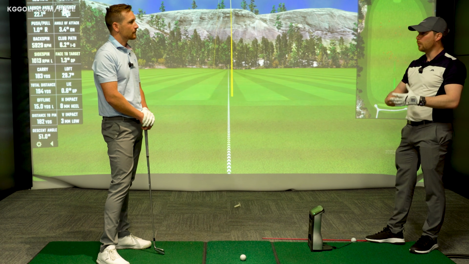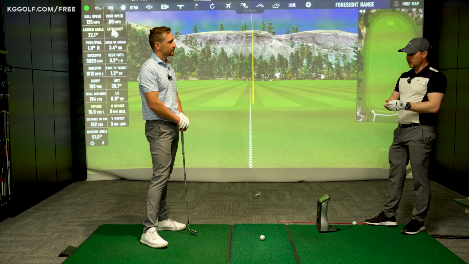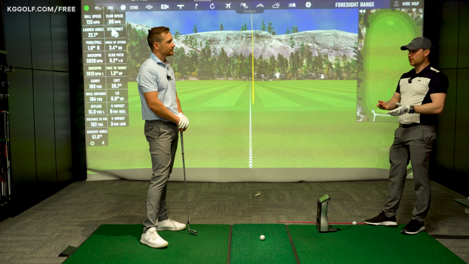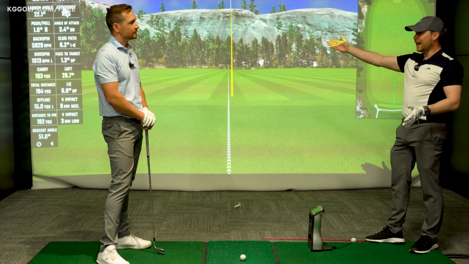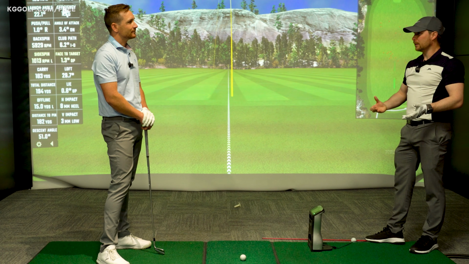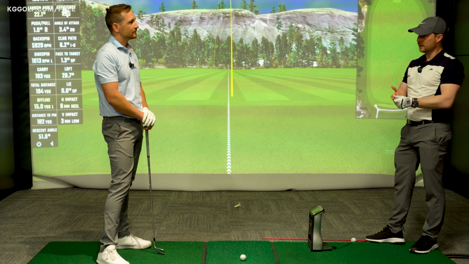We'll talk about how path influences direction as well, but all else being equal, club face is the biggest factor in direction and is also the most likely to change when a player hits a bad shot. It's very rare that I would see a player hit one way left and their path has changed notably. It's always going to be the face that's changed more. So I get people to look at that.